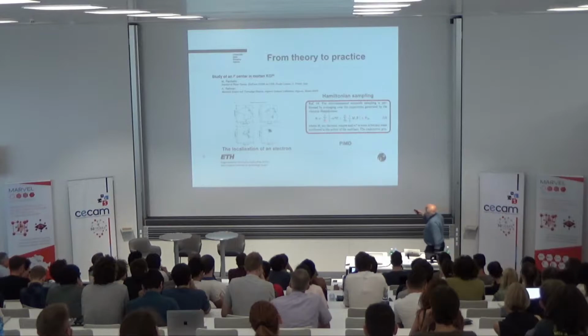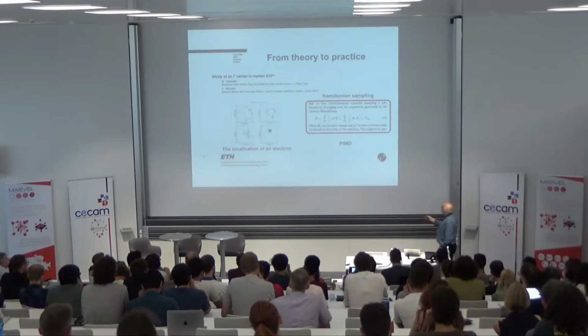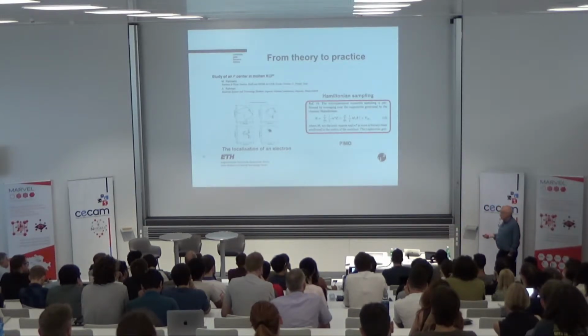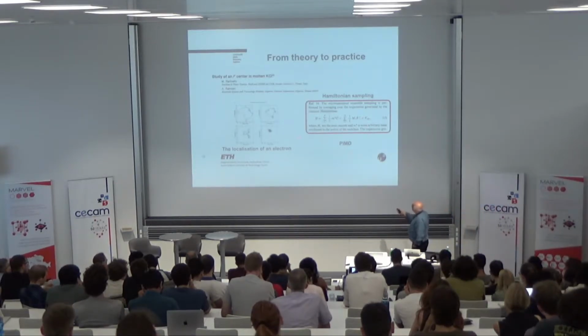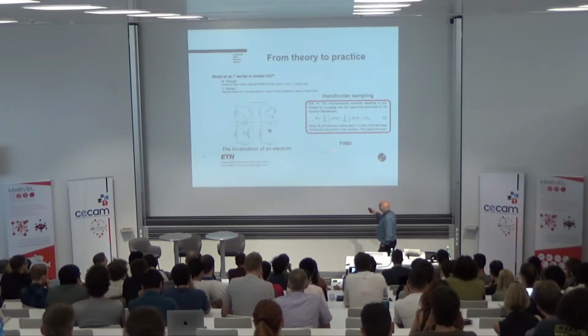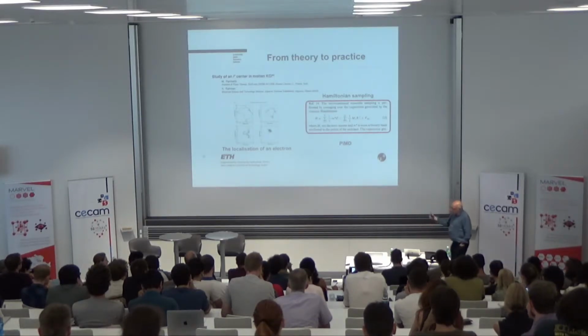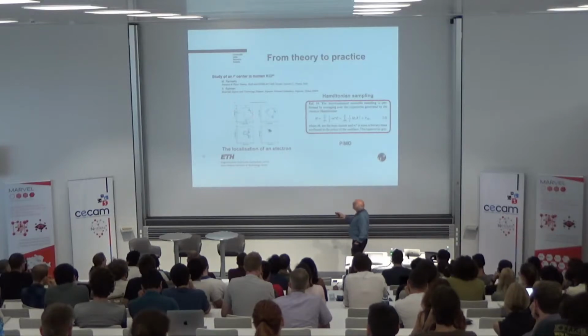So this is, I think, what statistical mechanicians nowadays call Hamiltonian sampling. It's probably one of the first times that Hamiltonian sampling was applied, and it is commonly used. This approach is at the heart of what is path integral molecular dynamics, which is a way of simulating quantum dynamics.